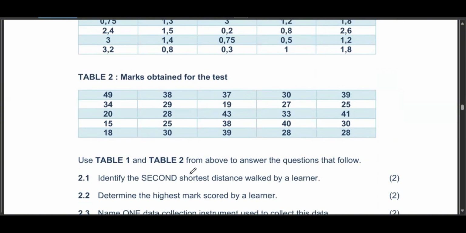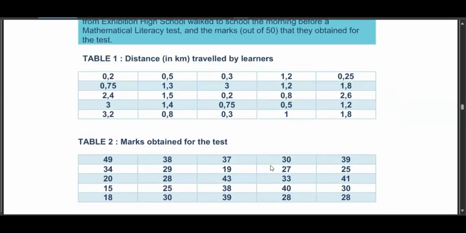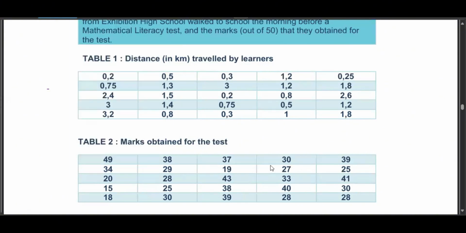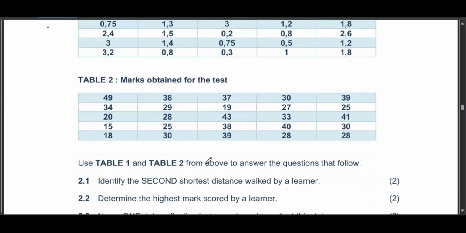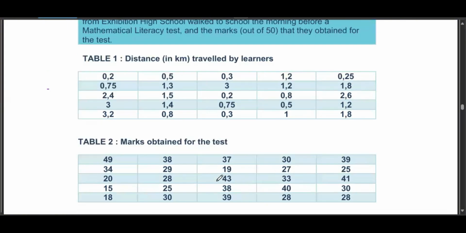Identify the second shortest distance walked by a learner. That's the question. Identify the second, and it's in capital letter, so you take note of that. So this is the first, where is the first?